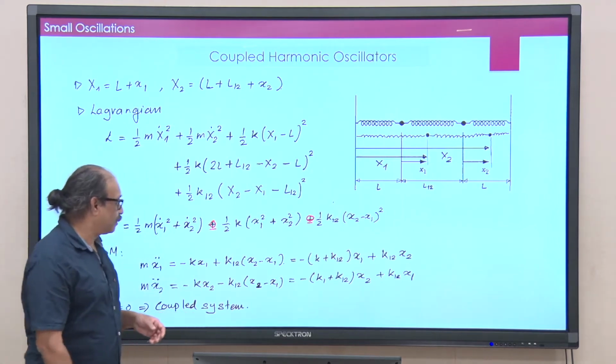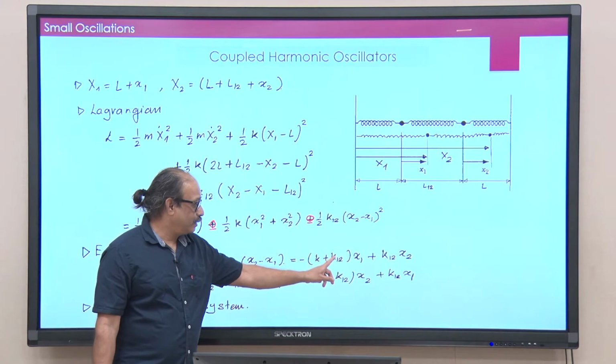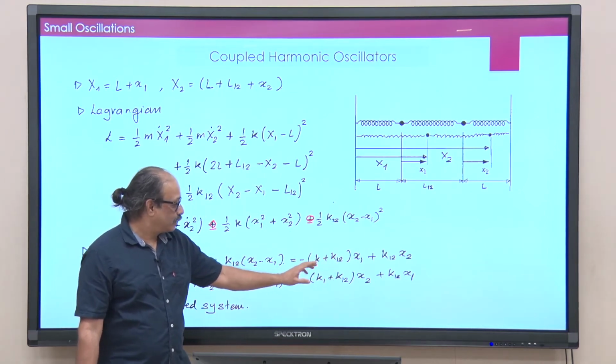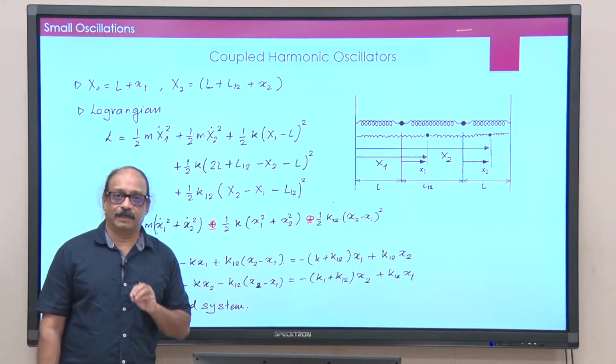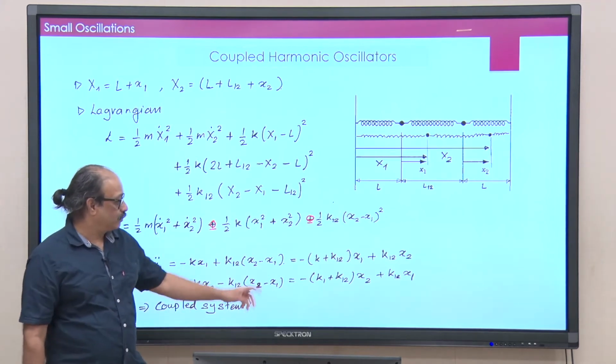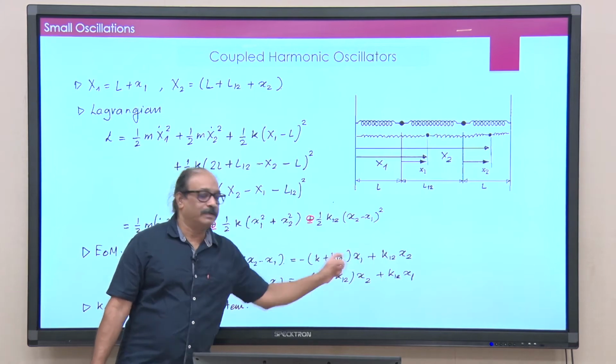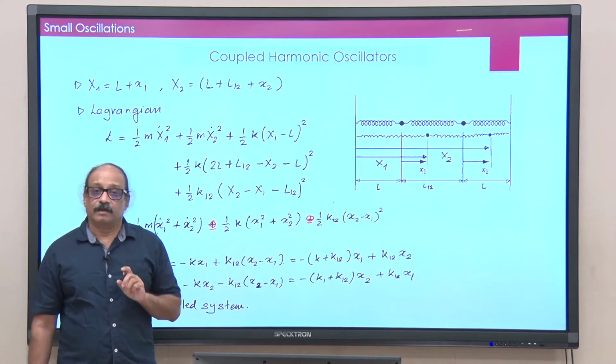And here of course, again you can see if I have k12 equal to 0, then the first differential equation will simply become m x1 double dot is equal to minus k times x1. So, k12 would be 0, okay, fine.